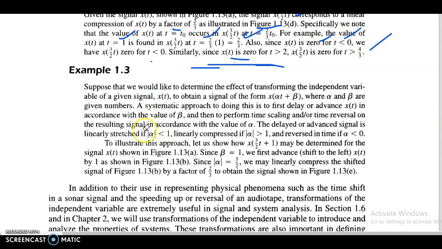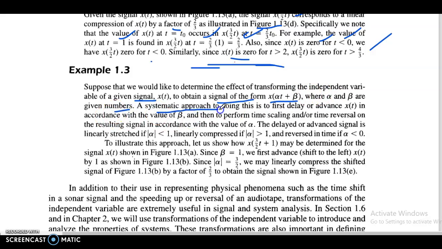Suppose that we would like to determine the effect of transforming the independent variable of a given signal x of t to obtain a signal of the form x of alpha t plus beta, where alpha and beta are given numbers.